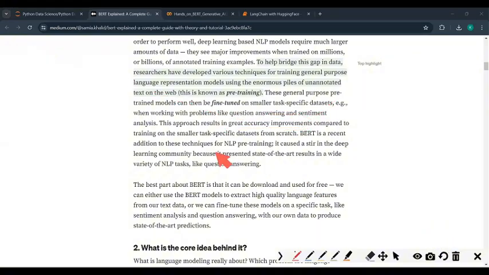Now, BERT is a recent addition to these NLP pre-training techniques. It caused a stir in the deep learning community. It was very shocking, or very exciting, for the NLP community, because before BERT was launched into the real world, people had not thought that this would be possible.